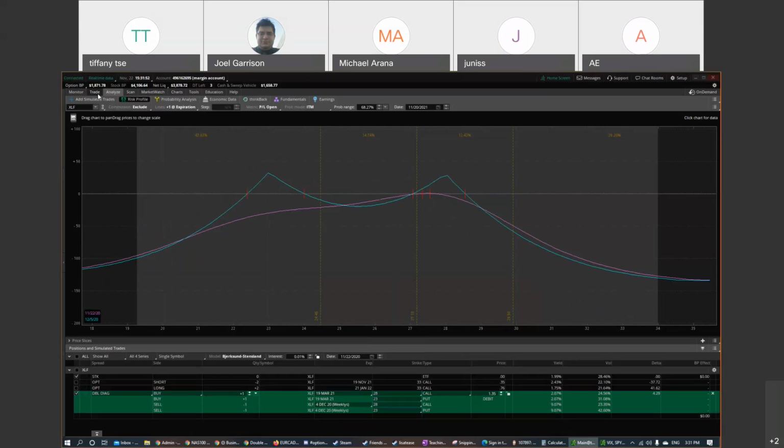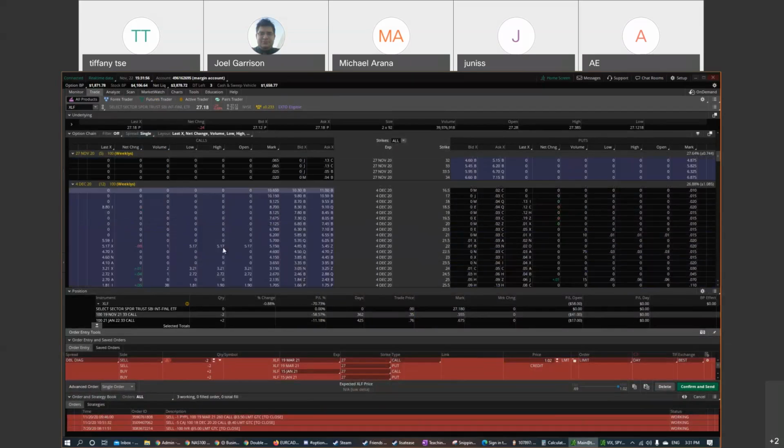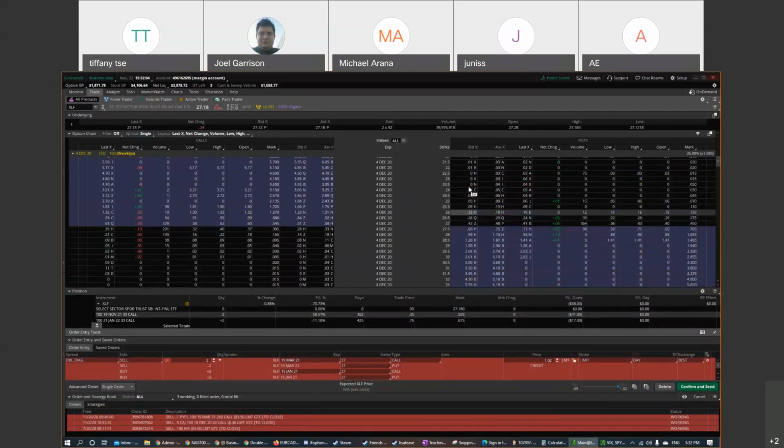So if we look at December 4th, it seems that it's $14 of premium. And then there is no premium for this one, so this wouldn't be worth it. If there's no premium to short, you're never going to get filled, because there has to be a bid on this.